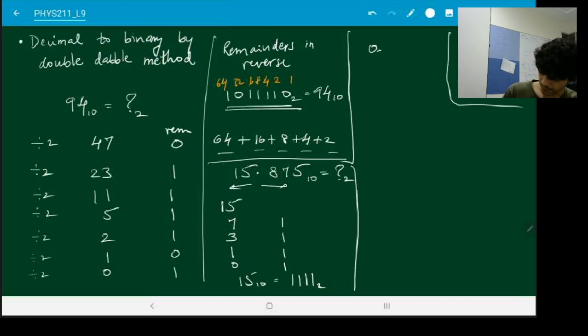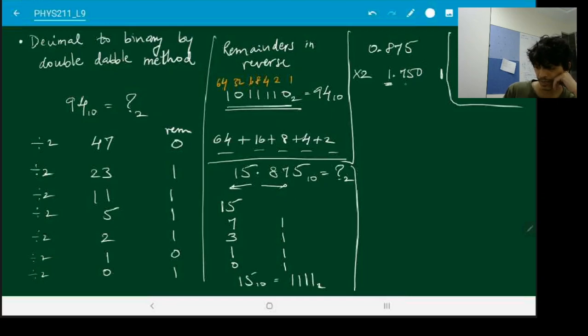So we have 0.875, right? Now what we're going to do is we're going to keep multiplying by 2. So this gives you 1.750, right? So now every time you get a 1 before the decimal, you make a note of it.